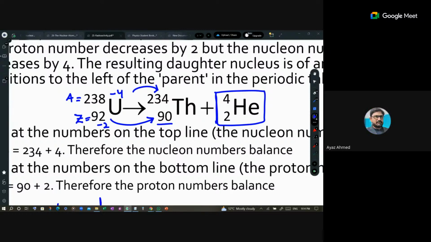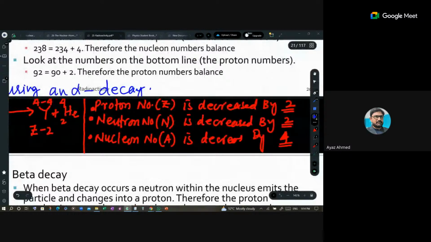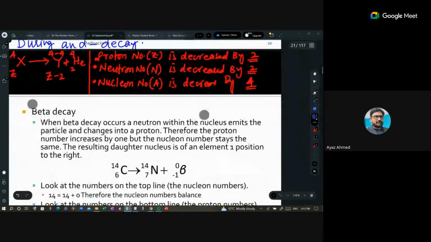Okay, so never forget this for your alpha decay. No more details or explanations are required. So these three lines: during an alpha decay, proton number is decreased by 2, neutron number is decreased by 2, and your nucleon number is something different, that is decreased by 4, right? Should I proceed to the next?